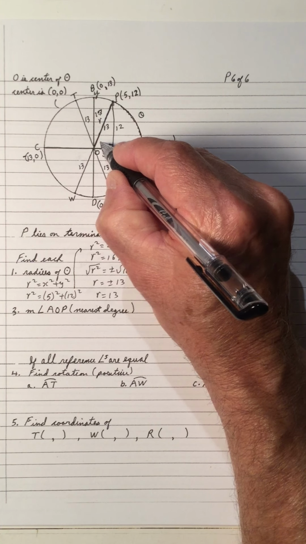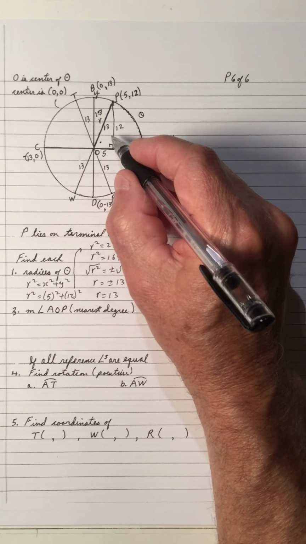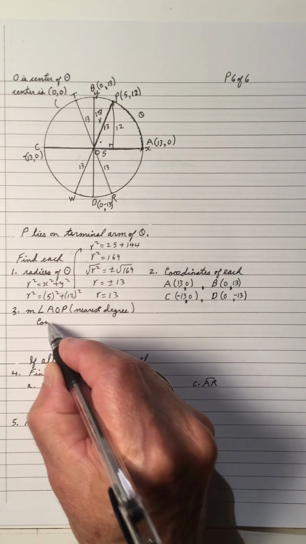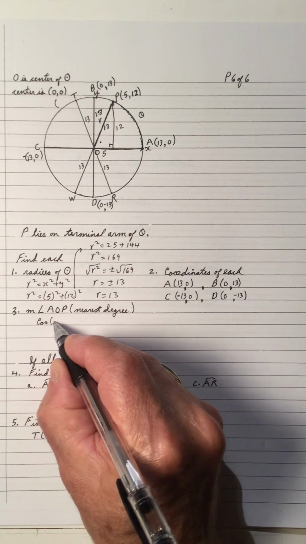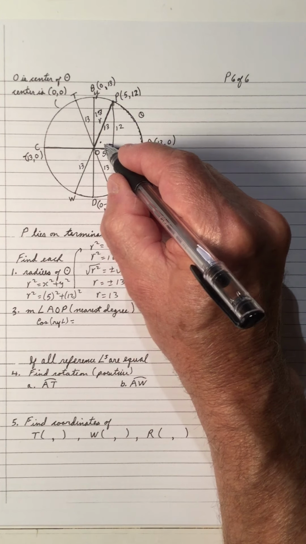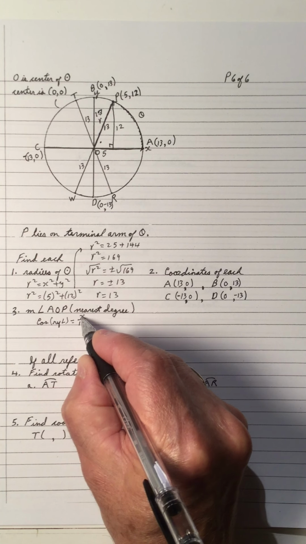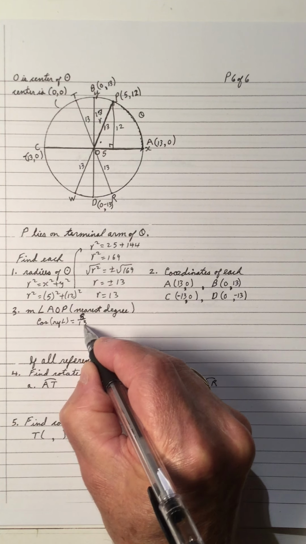We can get that angle by using sine, cos, or tan. So you can use cos of that angle, let's say the reference angle. Cos is adjacent over hypotenuse, or the x over the r, which is 5 over 13.